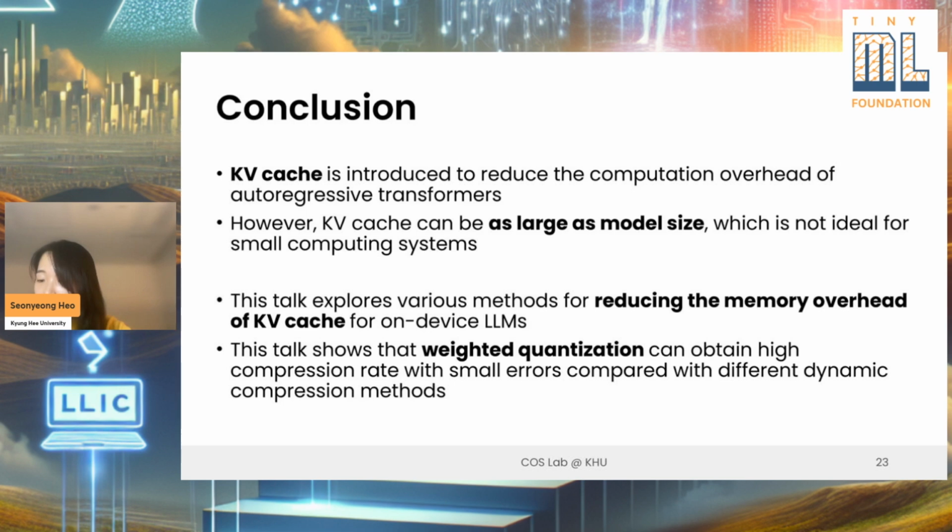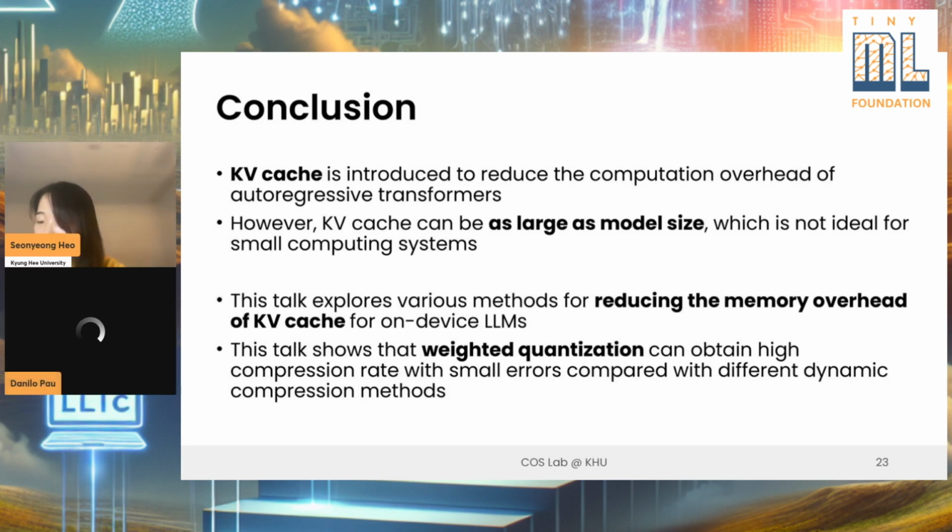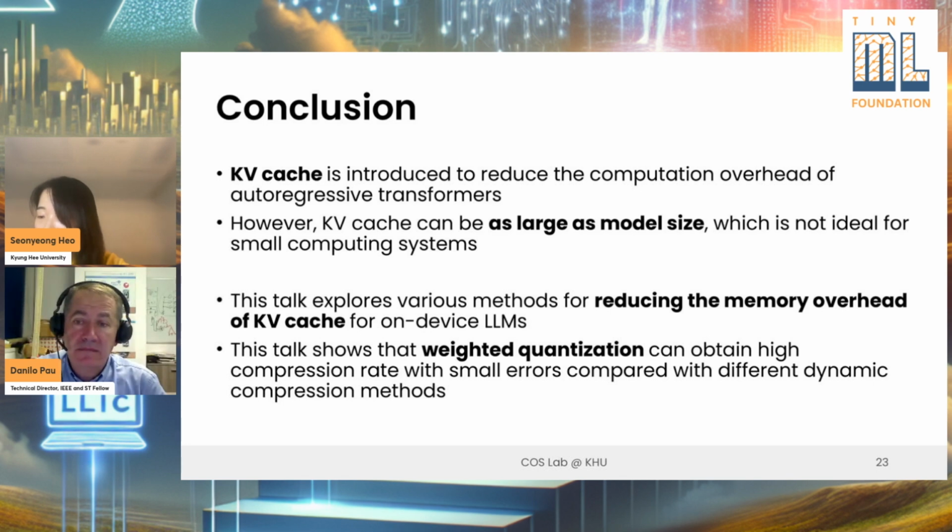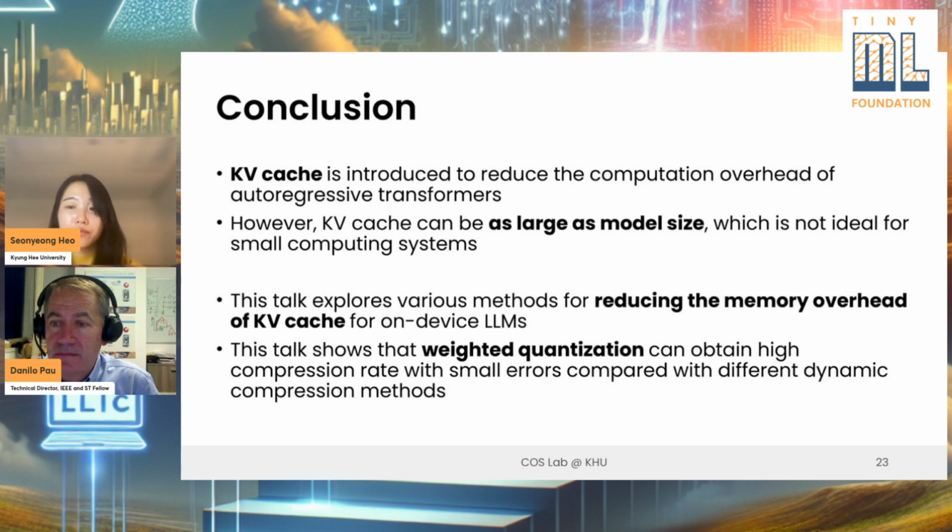So this talk explores various methods for reducing the memory overhead of the KV cache for on-device LLMs. This talk shows that weighted quantization can obtain a high compression rate with small errors compared with different dynamic compression methods. So this is the end of my talk.